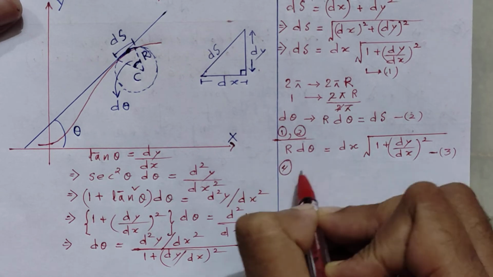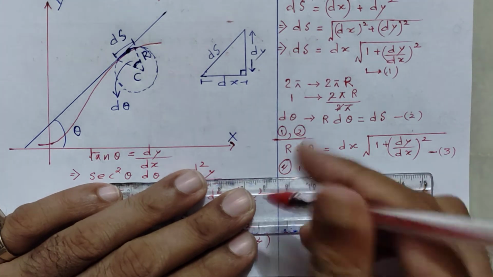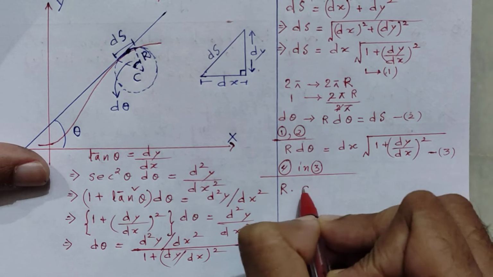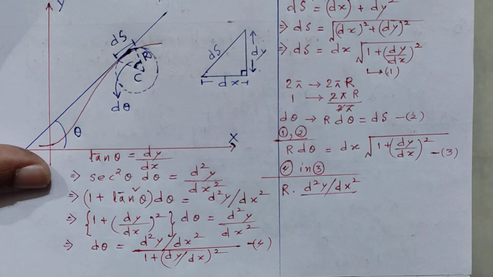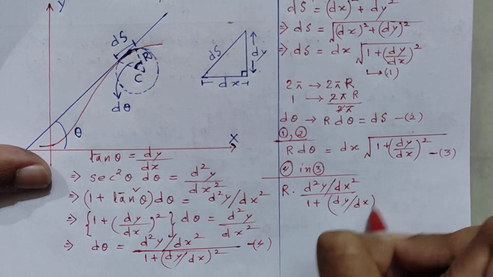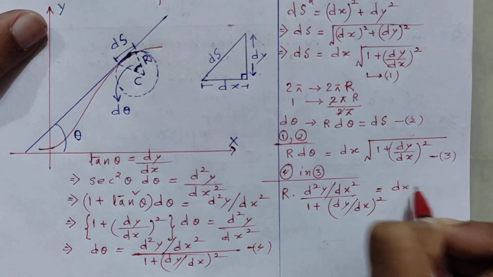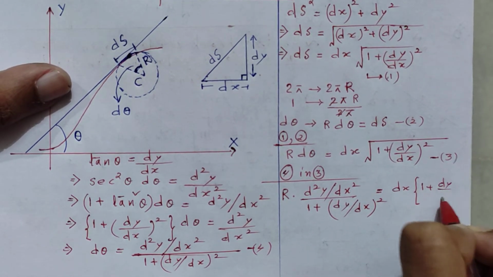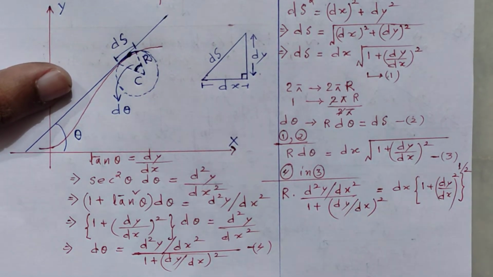So if I put 4 in 3, from here I can say that r into d theta is this, d2y/dx2 over denominator 1 plus (dy/dx) whole square, is equal to dx, and here also you are getting 1 plus (dy/dx) whole square, this whole to the power half.